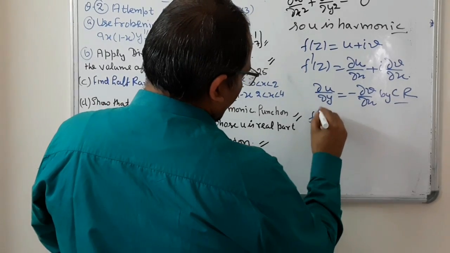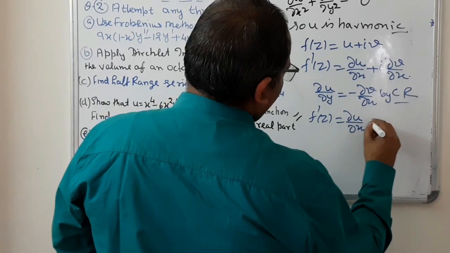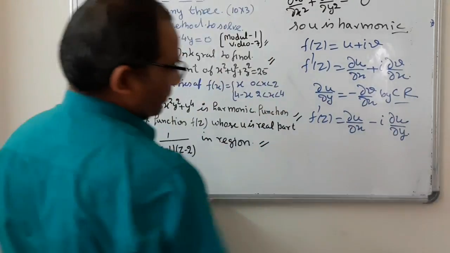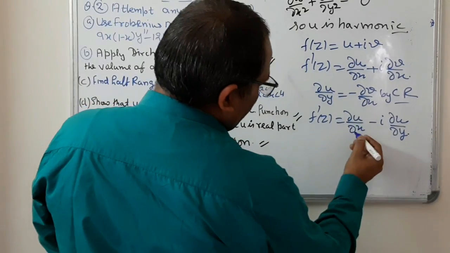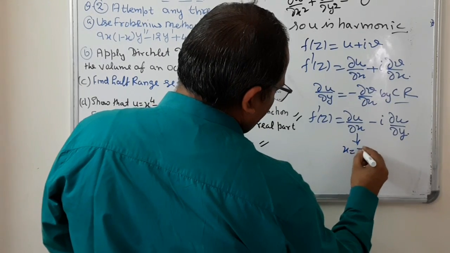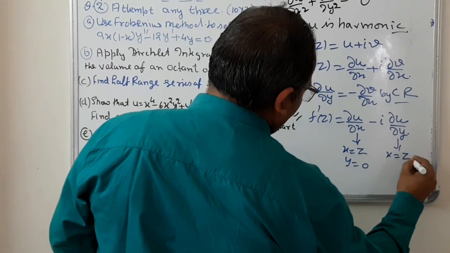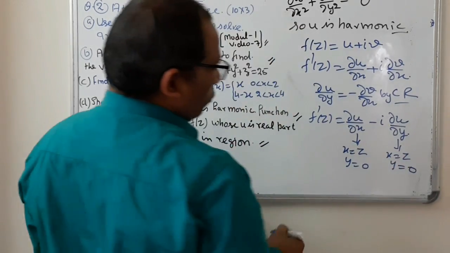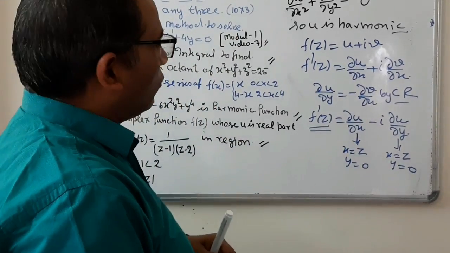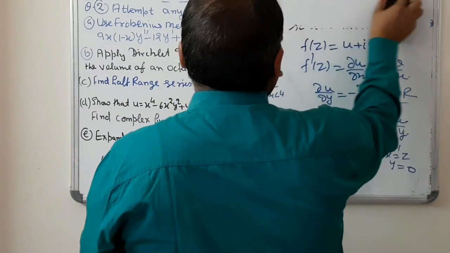So we put here f dash z is equal to del u by del x minus i del u upon del y. Now put here x equal to z, y equal to 0, and again here x equal to z, y equal to 0. And then if we integrate this f dash z, we can find out the value of f z. And the name of the method is Milne-Thomson's method, right?